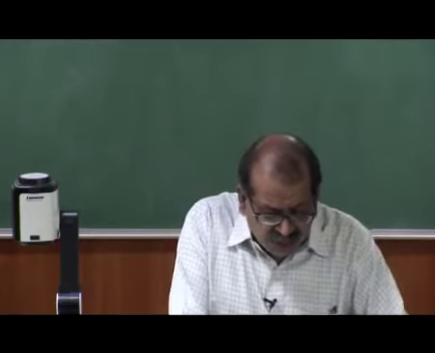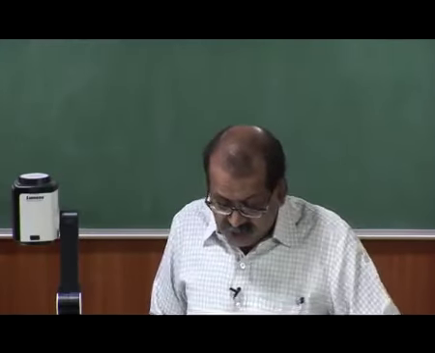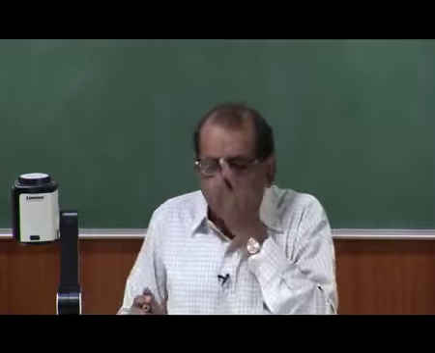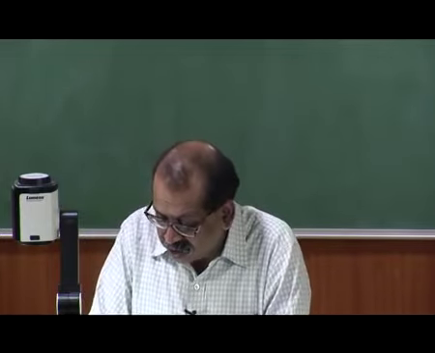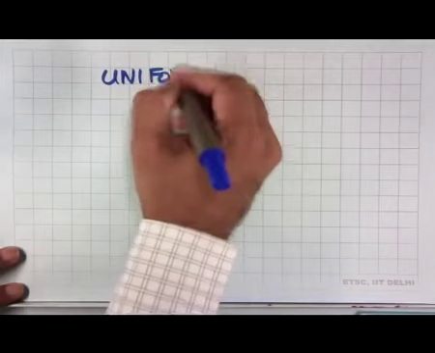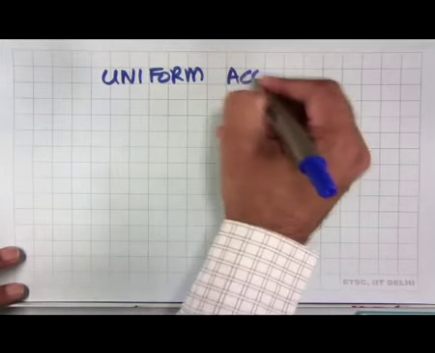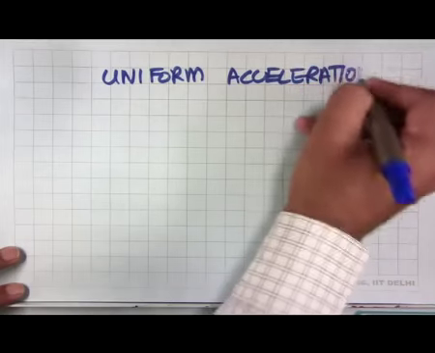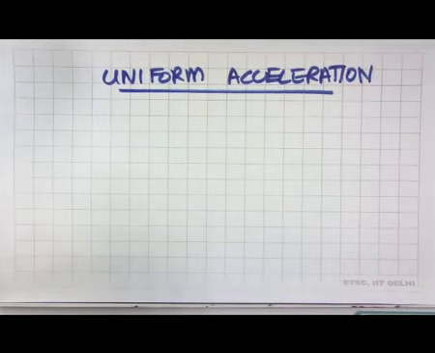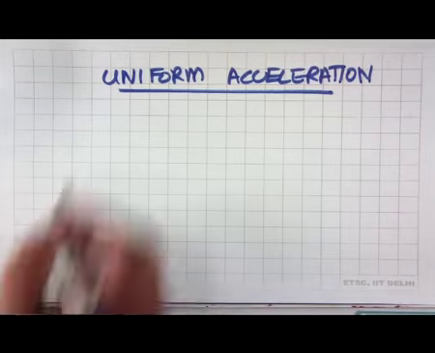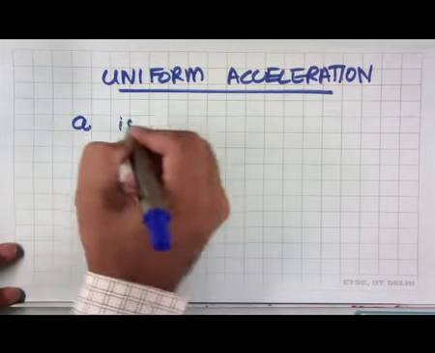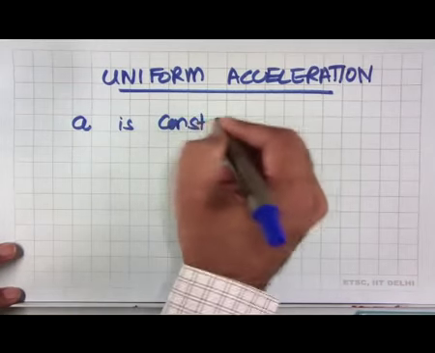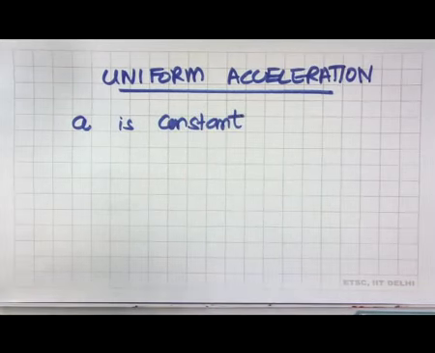So, here we have seen the general relations of v and x. Now, there is a very special case which we call the case of uniform acceleration. Uniform acceleration means that acceleration is constant.